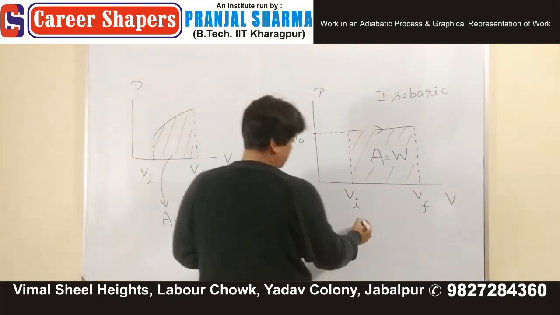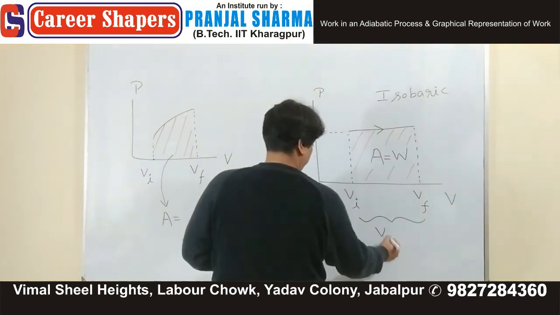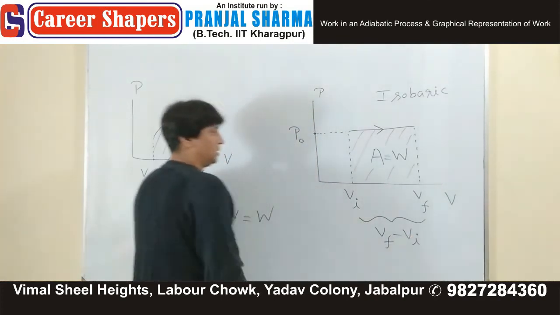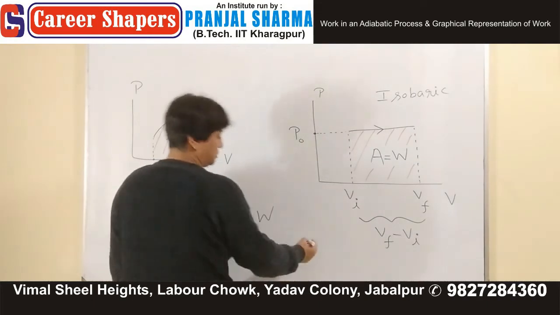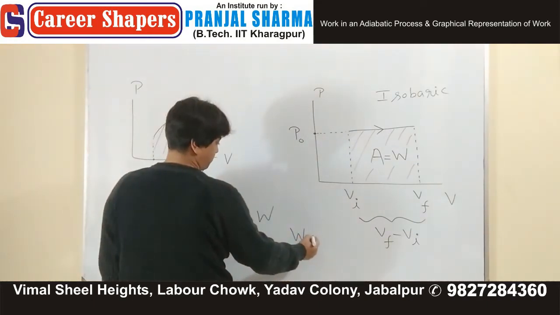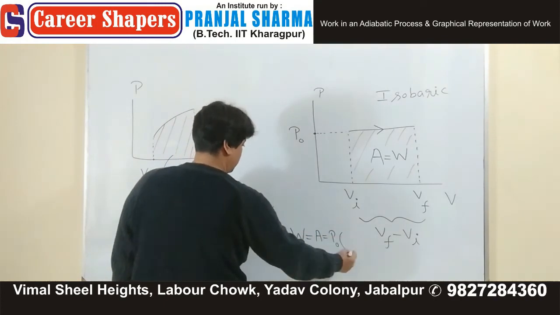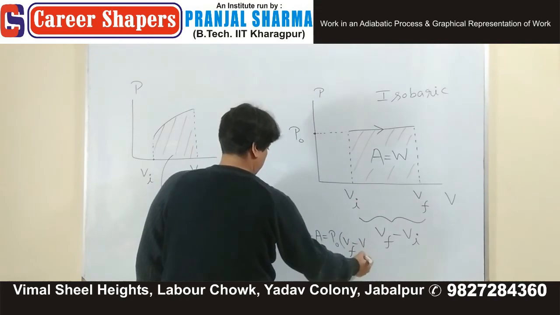What is the length of the base? V final minus V initial. And what is the height? P naught. So what is work? Area. And what is the area? P naught into V final minus V initial.